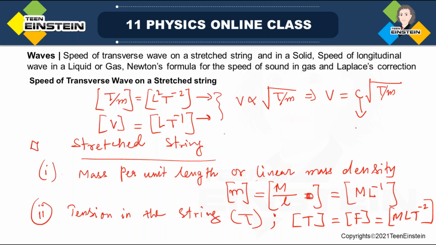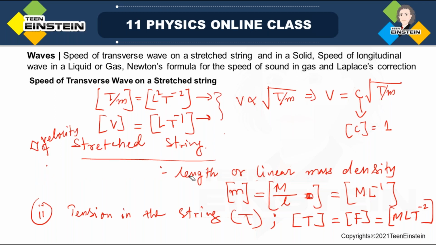And it turns out that the dimension of this constant is 1, or the value of this is 1. So therefore we get the velocity of the transverse wave.